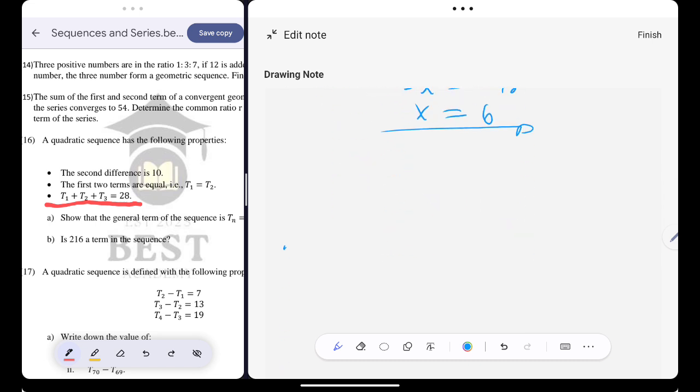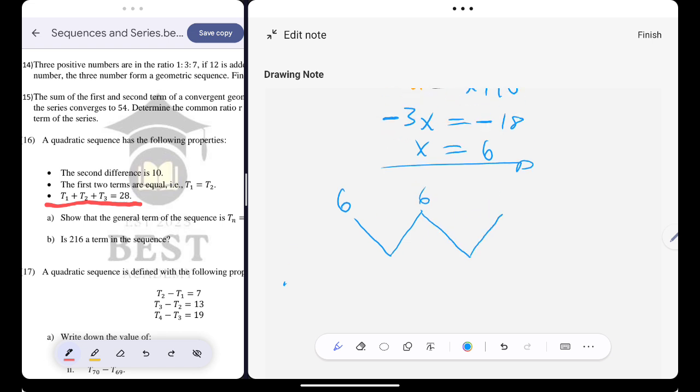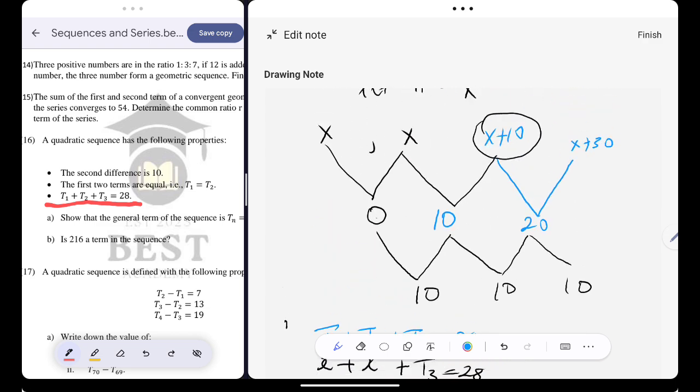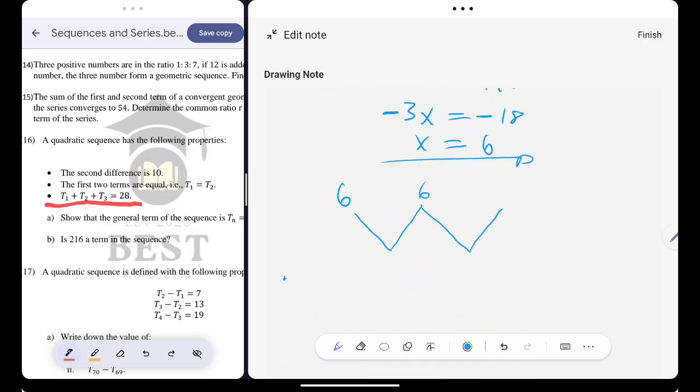Are we together? So I now know that the first term is 6 and the second term is 6. The third term, since it was x plus 10, should be 16.